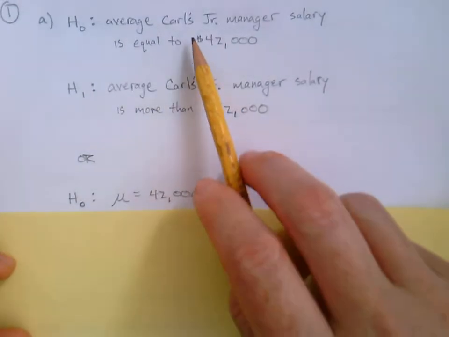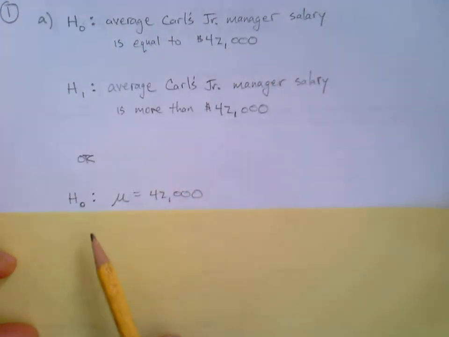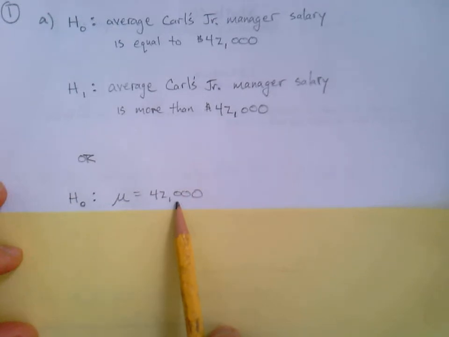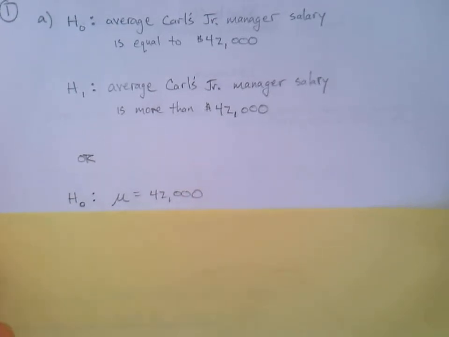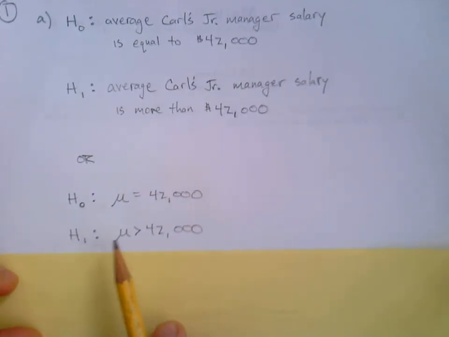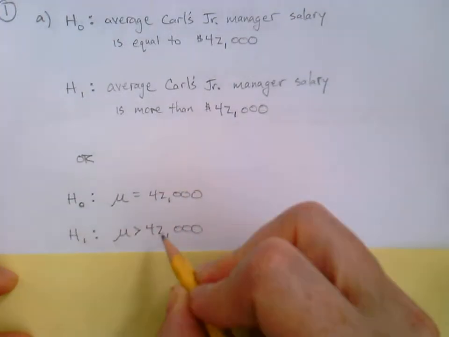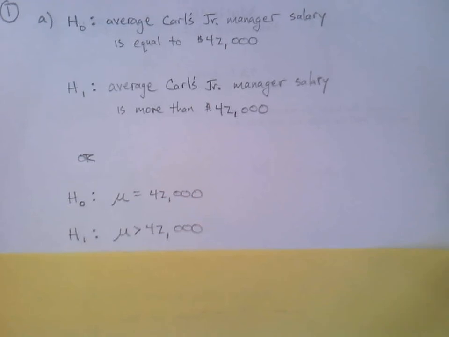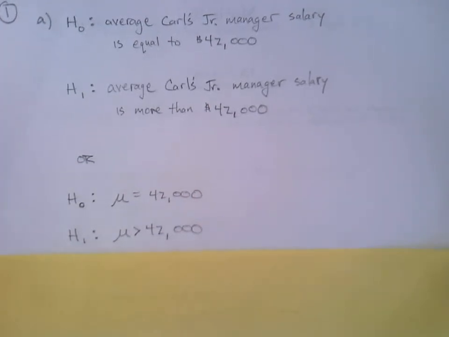So we're thinking of all the Carl's Jr. managers as the entire population. If you looked at all Carl's Jr. managers, the average would be 42,000. And the alternative is that, no, actually, if you look at all Carl's Jr. managers, it would be more than 42,000. And that would match the language here, just in much simpler terms. Okay, we like that.